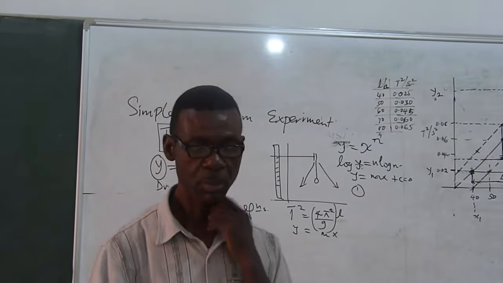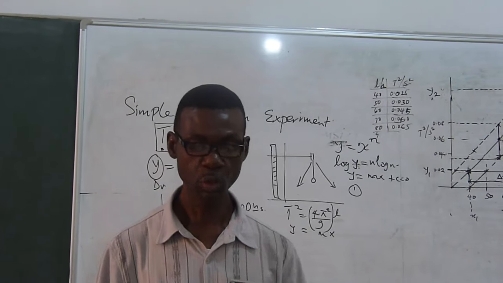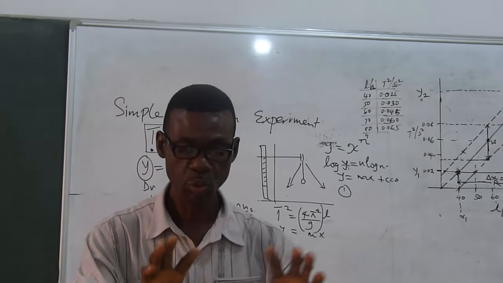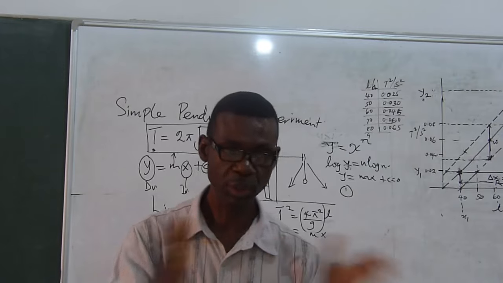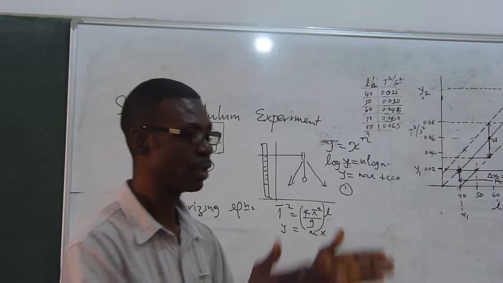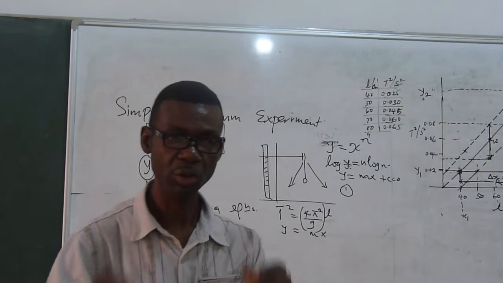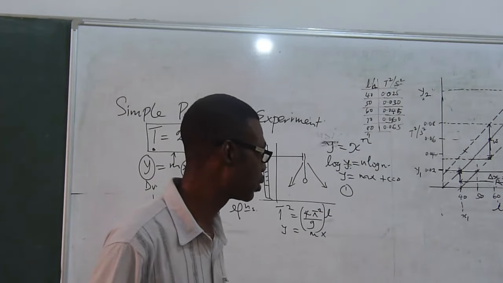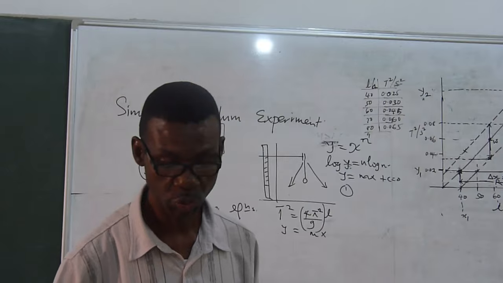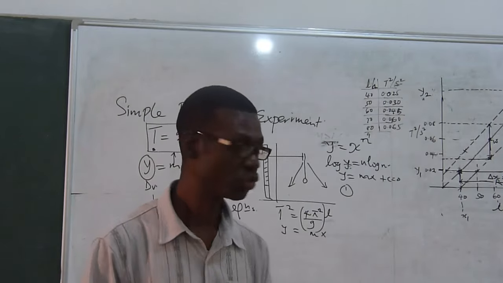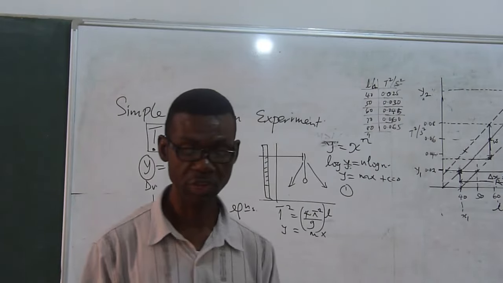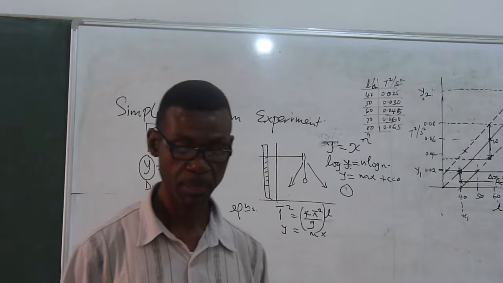Now, you will be asked to tabulate your result. You can tabulate your result such that you have L, you have T, and then you can calculate T squared. When you calculate T squared, the next thing for you to do is to present your result graphically.